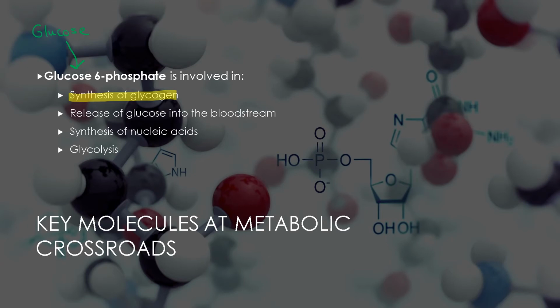The next fate that glucose 6-phosphate may go through is the release of glucose into the bloodstream. So if the enzyme glucose 6-phosphatase is present and active, glucose 6-phosphate can be dephosphorylated into glucose. Glucose 6-phosphate really just means that we add a phosphate group on the 6th carbon.